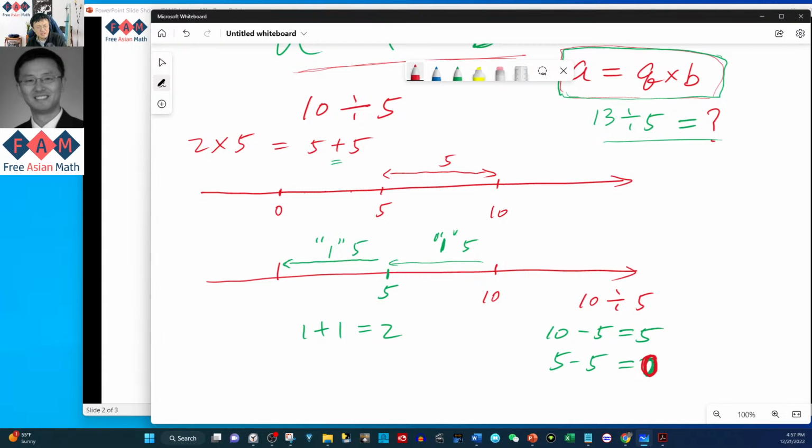Therefore, this is our definition of 10 divided by 5. We define 10 divided by 5 as the number of copies of this divisor 5 that 10 has to subtract in order to get 0. Okay?